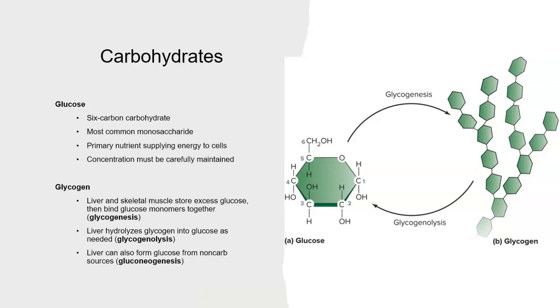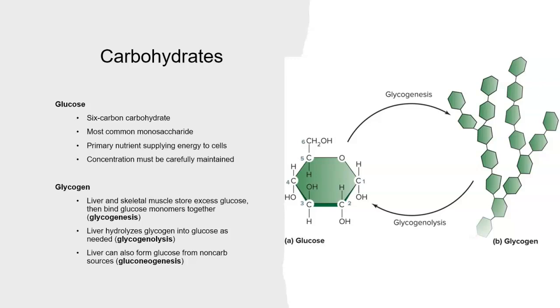Now, because of that, we have to very carefully maintain glucose levels in the body. I mean, you sort of need to maintain your gold or money level in your bank account to make sure you can do everything that you need to do, pay your bills, have a home, buy your groceries. Well, we need to make sure we have enough glucose for our body to do its job. So think of glucose as body gold.